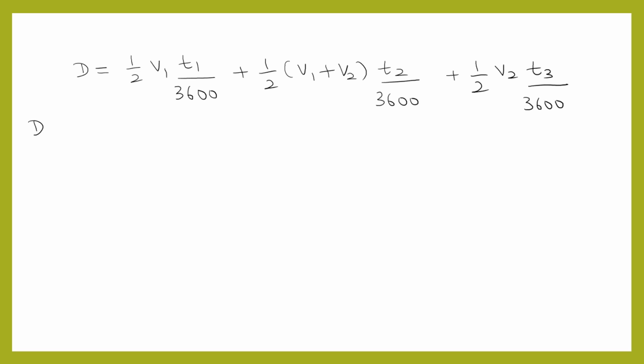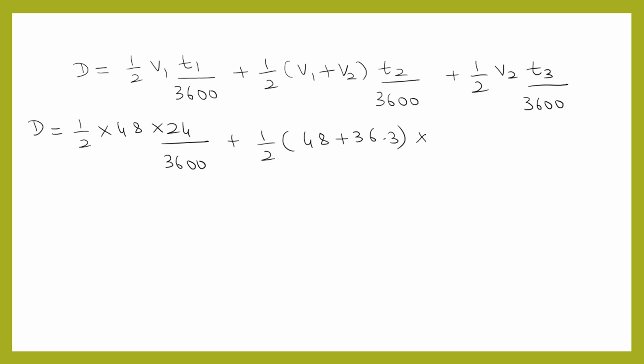So d is equal to half into 48 into 24 by 3600 plus half into (48 plus 36.3) into 69 by 3600 plus half into 36.3 into 11 by 3600.